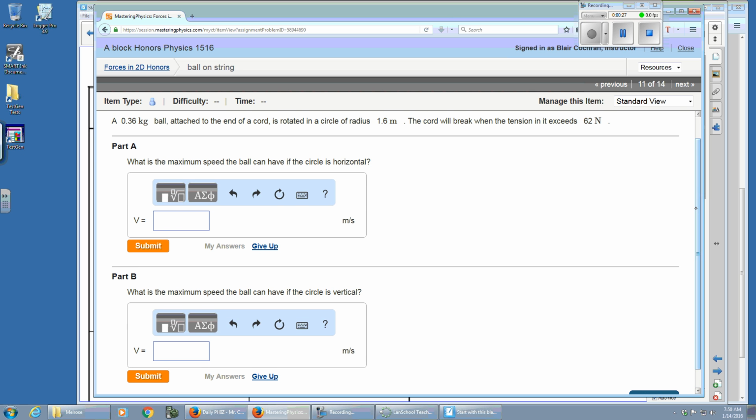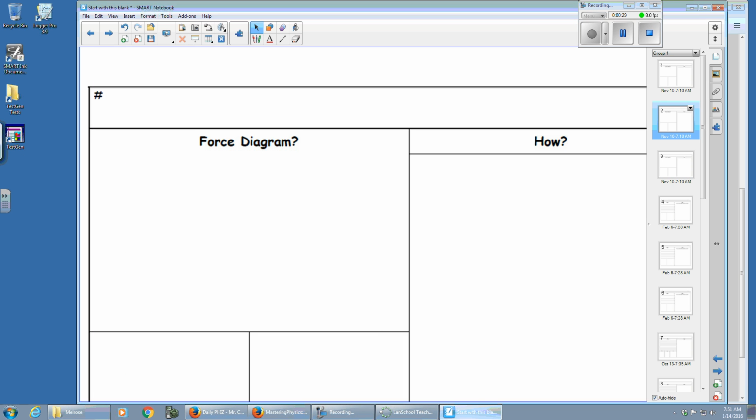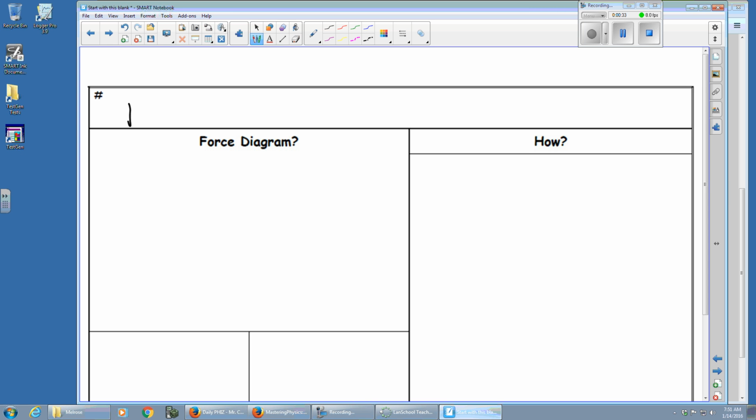So if you remember, we did the force diagram and everything yesterday, I believe. I'm just going to do part B. And in part B, we had a diagram that looked like this.